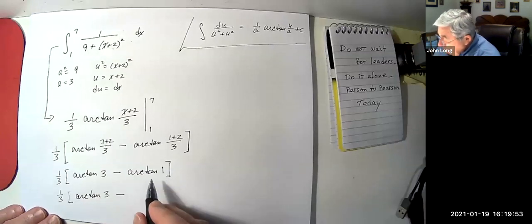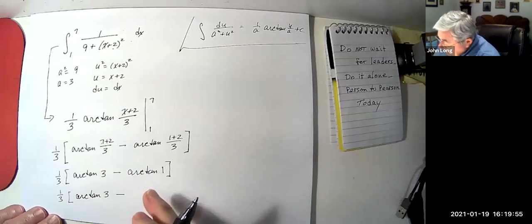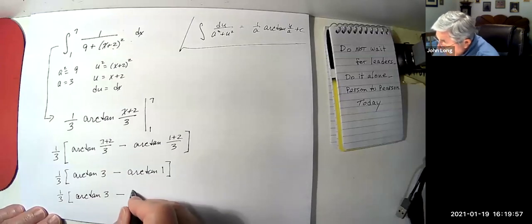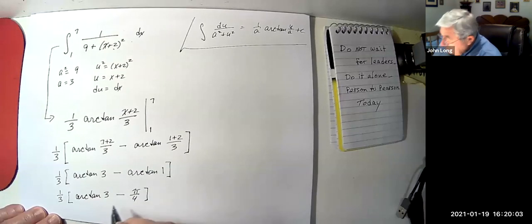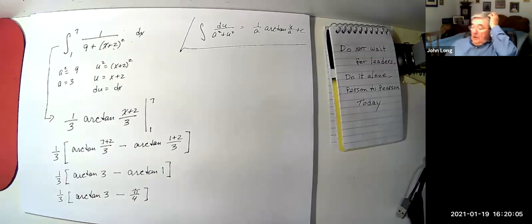However, we don't have to leave it that way. We can actually know a value for arctan of 1, which is pi over 4. So you might leave your answer looking something like that. Or you can make it 1/3 arctan 3 minus pi over 12 if you wanted to.